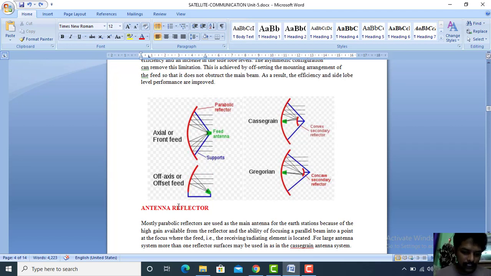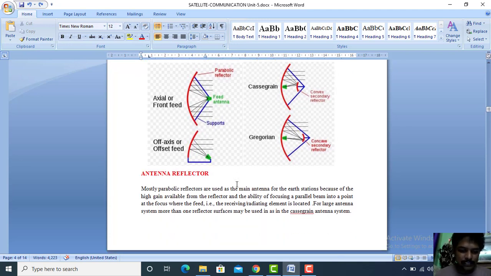That's why you have a feed antenna and a partial parabolic reflector. What it indicates is that it is a partial parabolic reflector which you have here. This is how the asymmetric configuration helps you operate the signals.